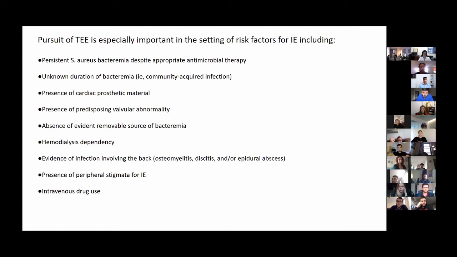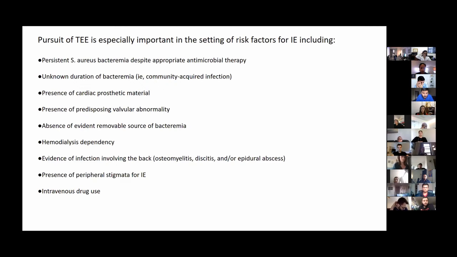Dialysis patients are always immunocompromised, and they've got a lot of atherosclerosis. They've almost all got valvular disease. And they all have catheters, right? So they're the highest risk patients. So they all should get a TEE. And anybody who has evidence of extracardiac involvement, like osteomyelitis, which is a common landing place for the bacteremia, or any other stigmata of endocarditis, should get a TEE.